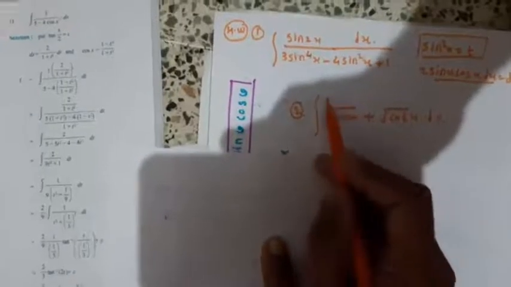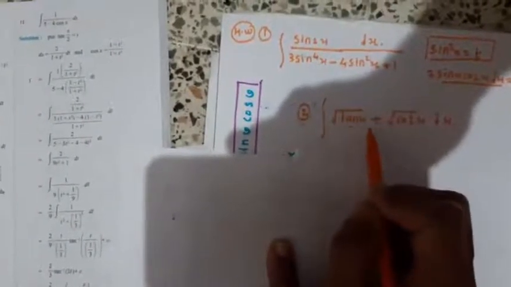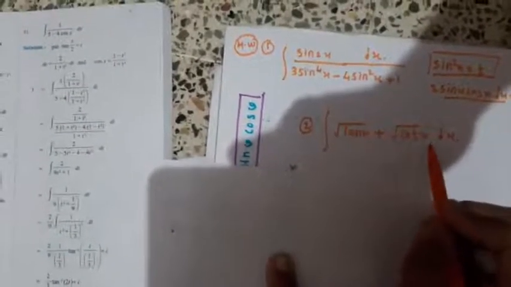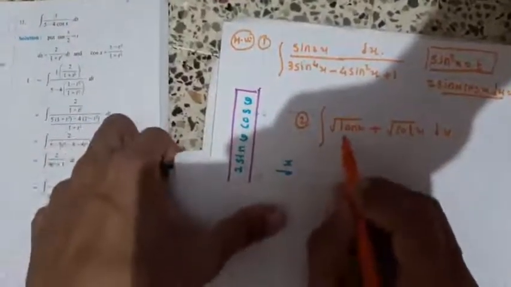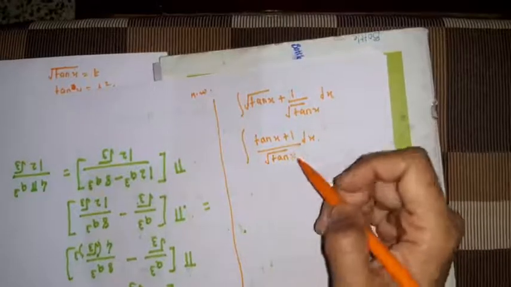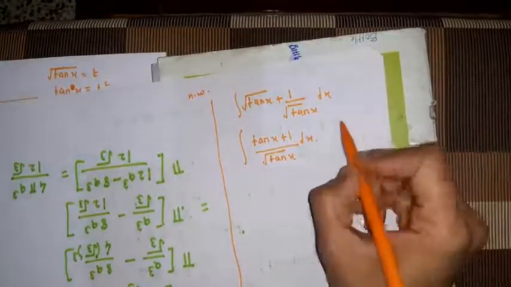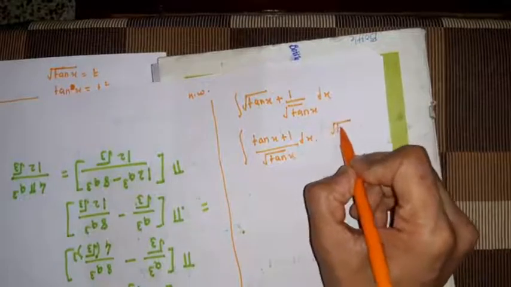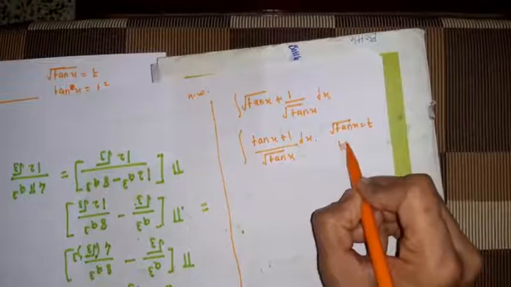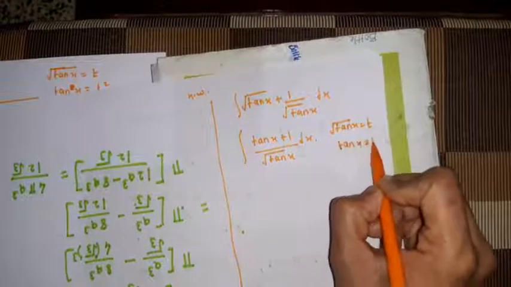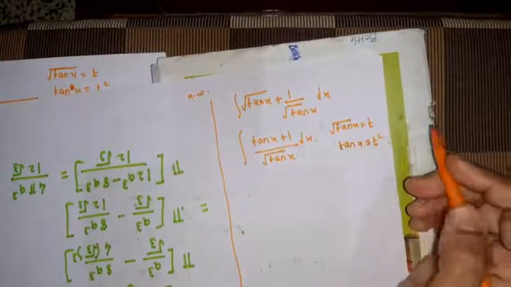In this example, integration of square root of tan x plus square root of cot x with respect to x. The hint for this problem is the substitution: put root tan x equal to t. This implies tan x equal to t², squaring on both sides.